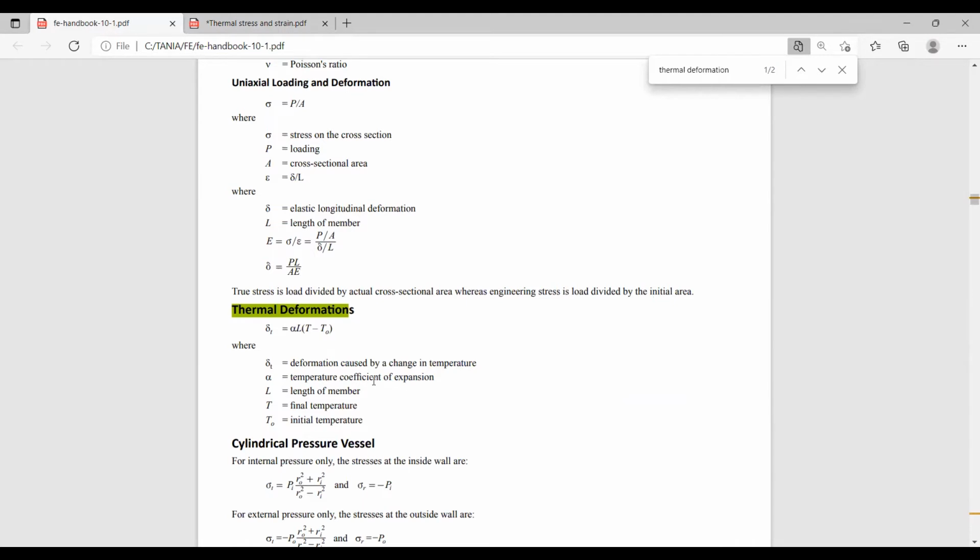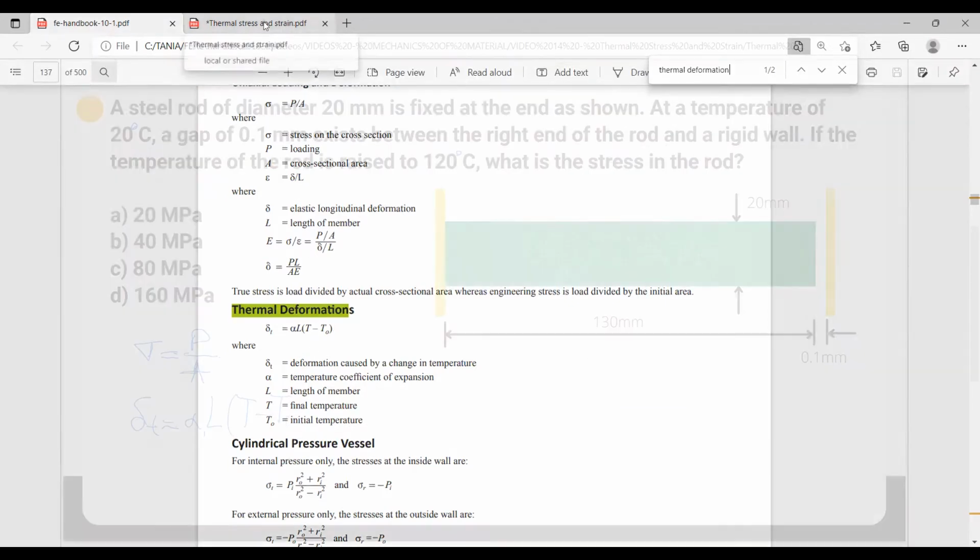This coefficient you can find at the end of the mechanics of materials section. You have a table for it. L is the length of the member. T is the final temperature minus the initial temperature. Let's apply this formula and see what's happening.